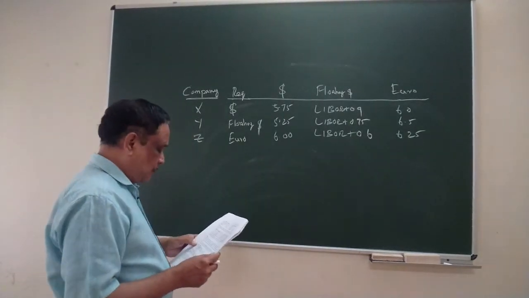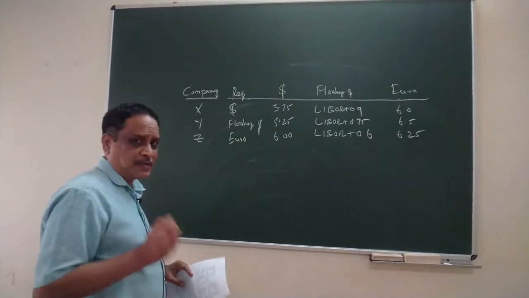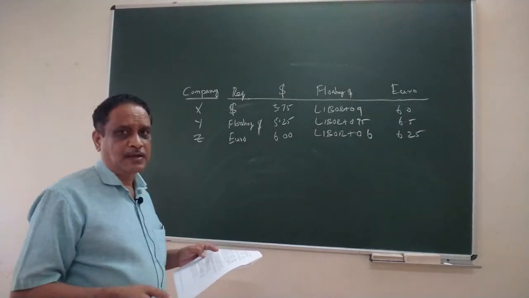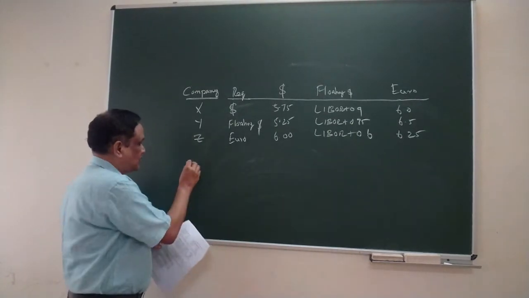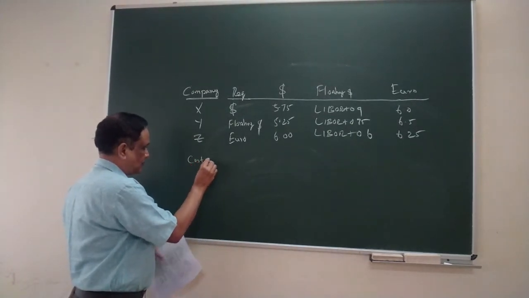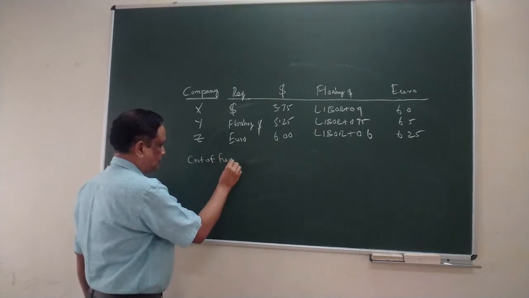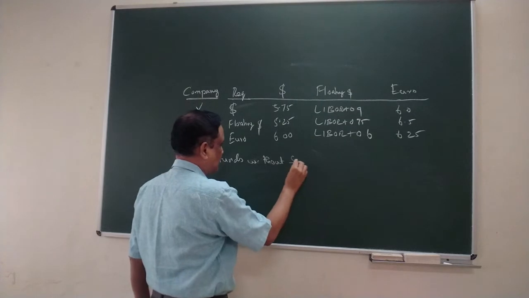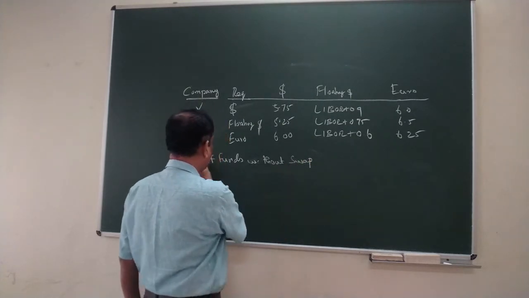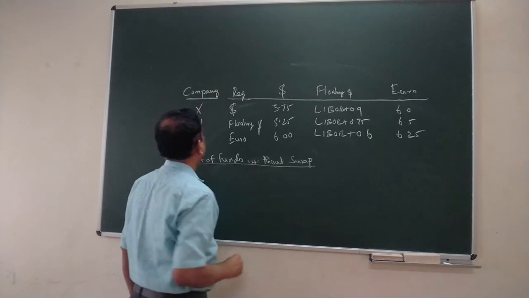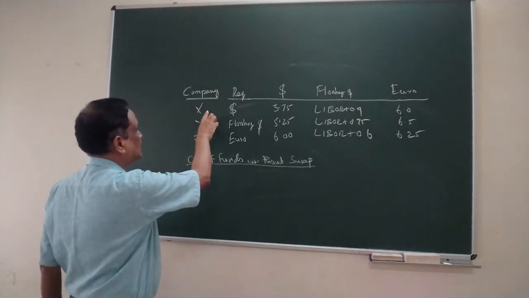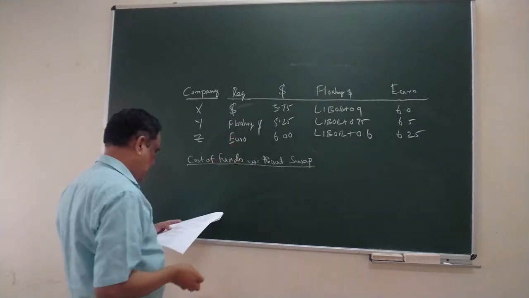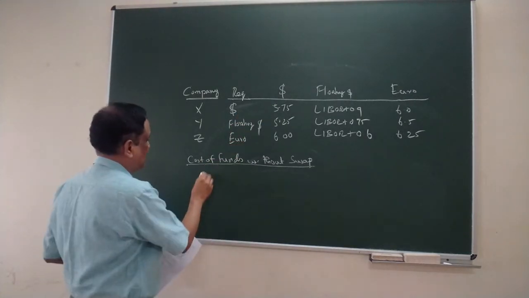Now, the first step is to check the benefit. What is the total gain involved? Cost of funds without swap. X needs a dollar loan, so the dollar rate is 5.75.